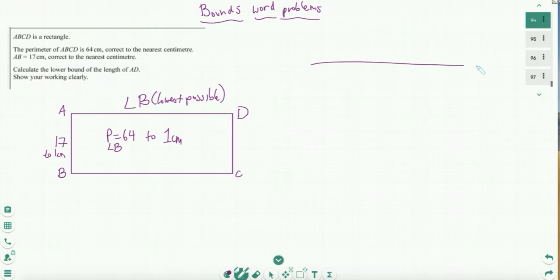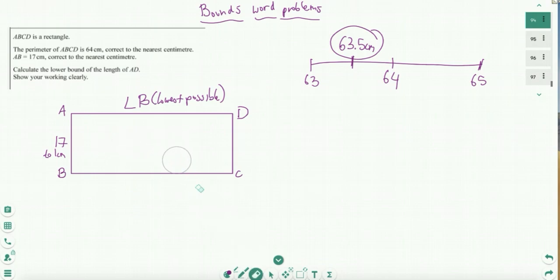So we'll use our number line, 64. It's 64 to the nearest centimeter, to the nearest 1 centimeter basically. So 65 centimeters, 63 centimeters, and we're going to find the lower bound. So we're going to use the lower bound of the perimeter. So we're going to say all the side lengths are going to add up to 63.5 centimeters.